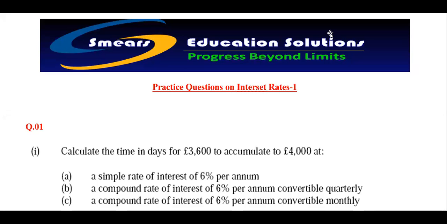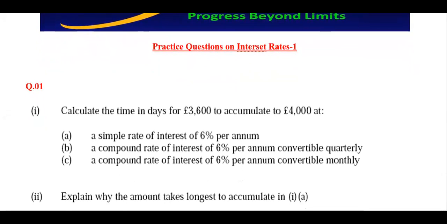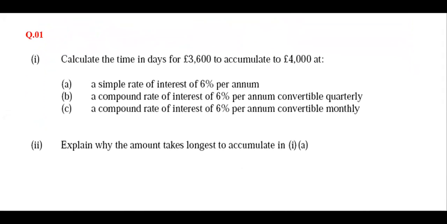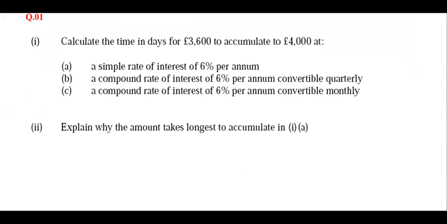This is the first question of today's class. It says calculate the time in days for 3600 to accumulate to 4000 at a simple rate of interest of 6% per annum.